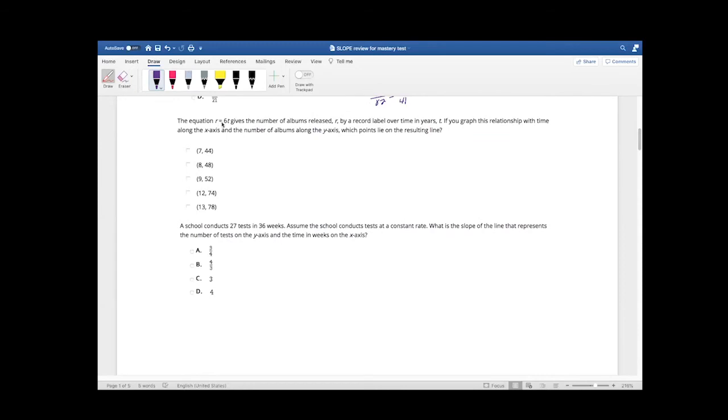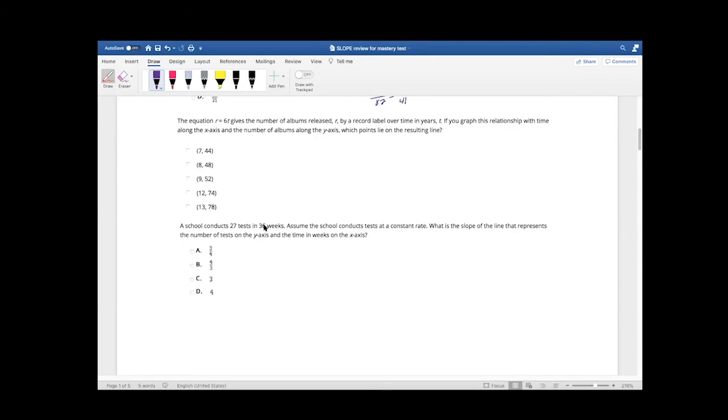The equation R equals 6T gives the number of albums released, R, by a record label over time in years, T. If you graph this relationship with the time along the x-axis and the number of albums along the y, what points lie on the resulting line? So again, we can use this equation here.